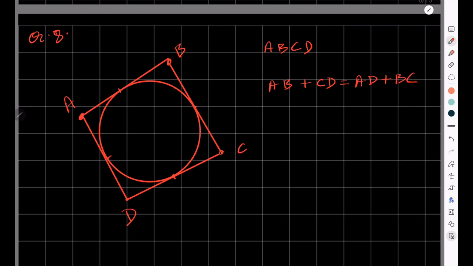So here, this is AB, this is the side, and plus CD.